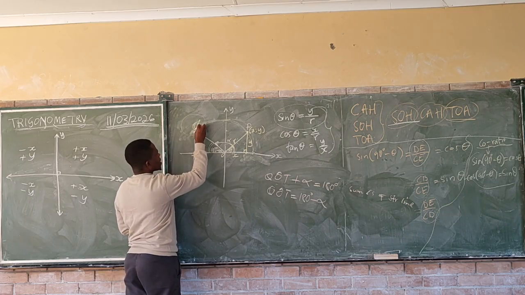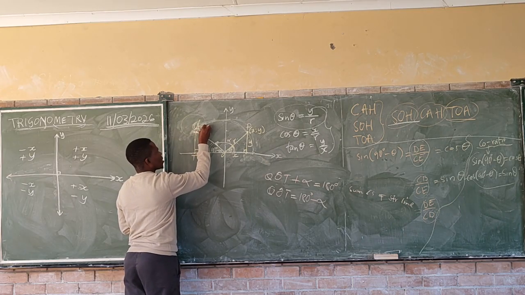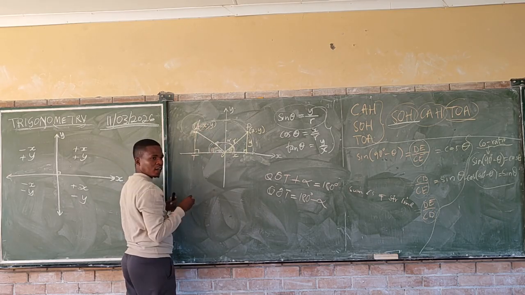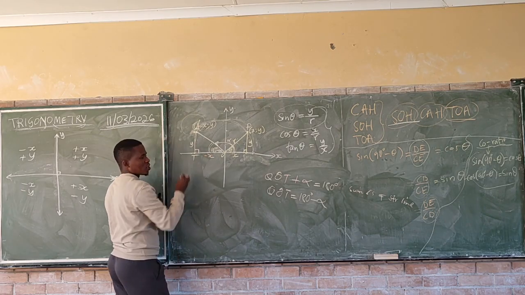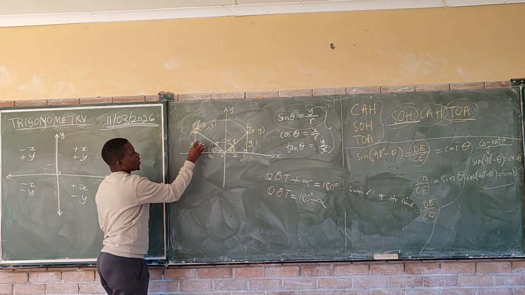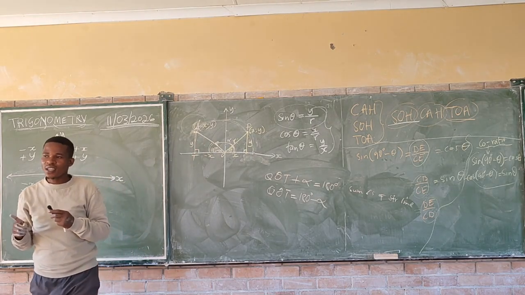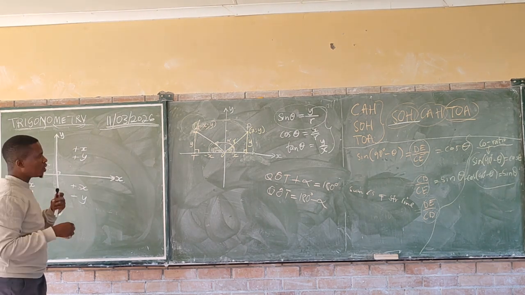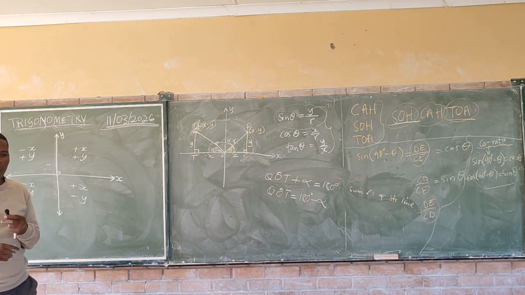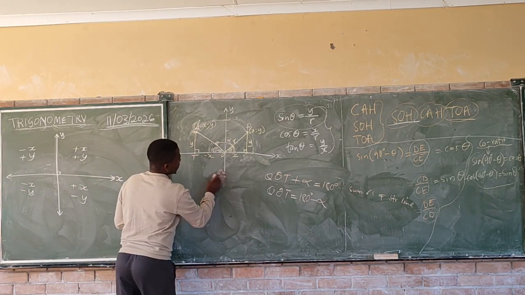Coordinates: x negative, y positive. So whenever you are in this quadrant, make sure that looking at your diagram, your value of x is negative and your value of y is positive. Don't ignore that, okay? If you ignore that, we're going to have a problem.